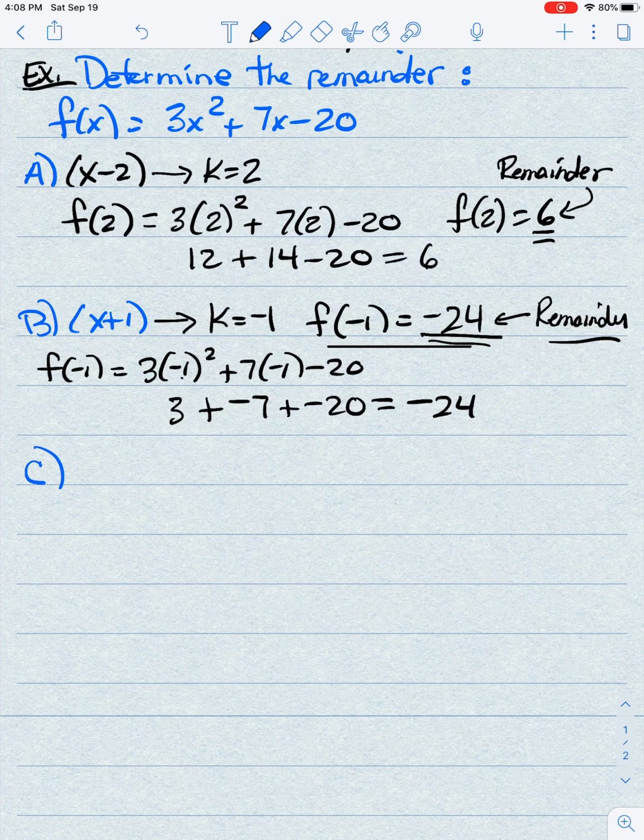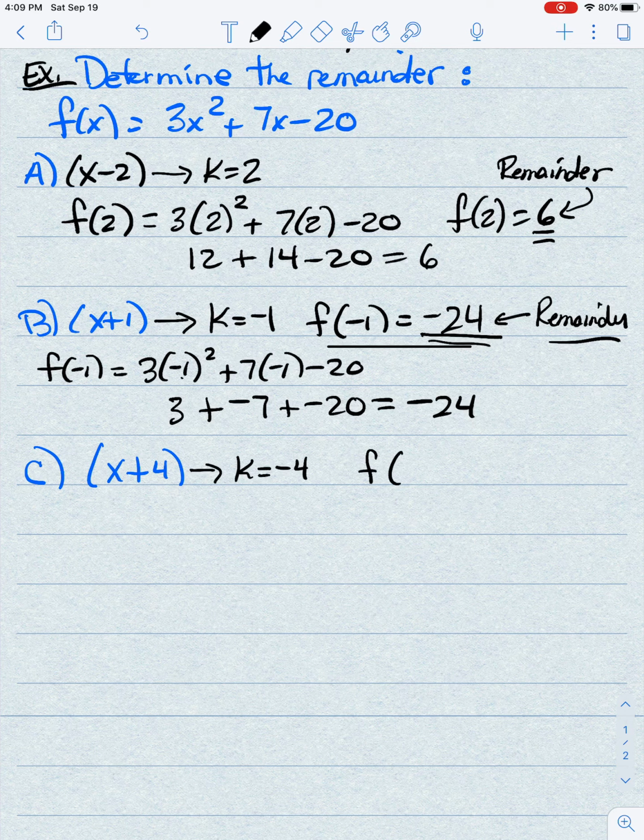All right, let's throw one more in. Let's say I have my f of x, again, divided by x plus 4. So if we're thinking about this one, what would be the potential 0 here for the k value? k would be negative 4.